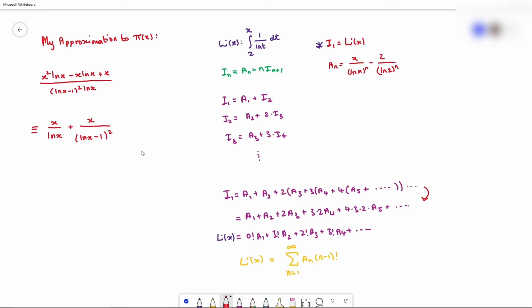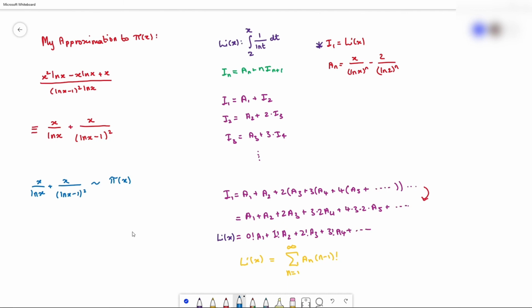And this makes me think that maybe, just maybe, this approximation that I have here could be asymptotic to pi of x, which I'm unable to prove as of yet, and I'm leaving it as an open challenge to all viewers to maybe investigate this further and look into it.